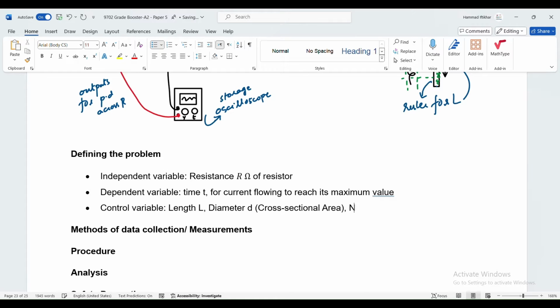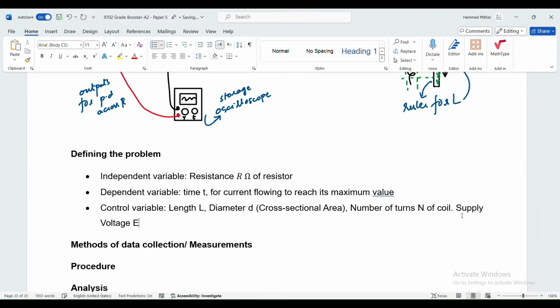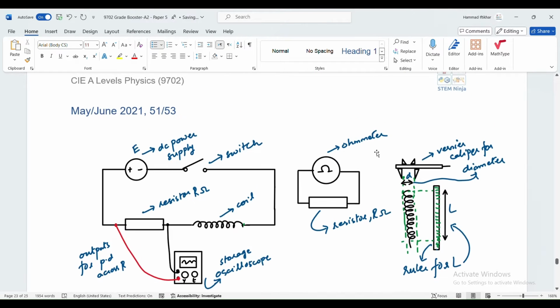And number of turns of the coil, number of turns N of coil. Now all these things belong to the coil, like the properties for the coil. Then we will have also the supply voltage E, and what else?